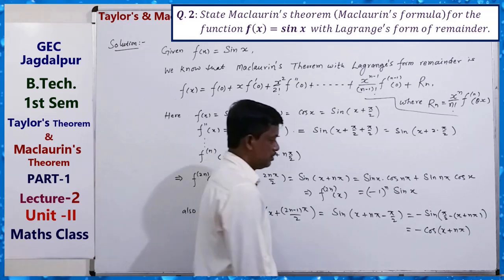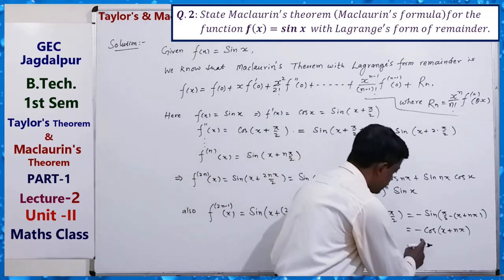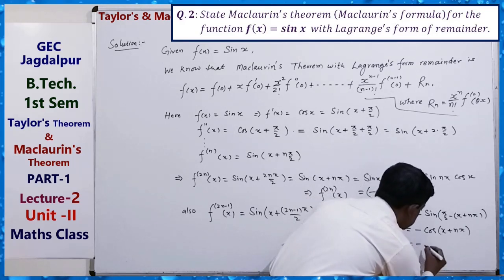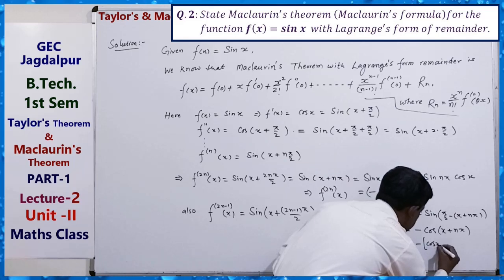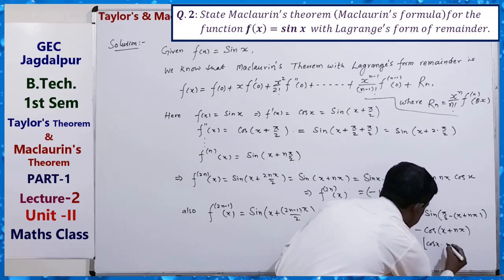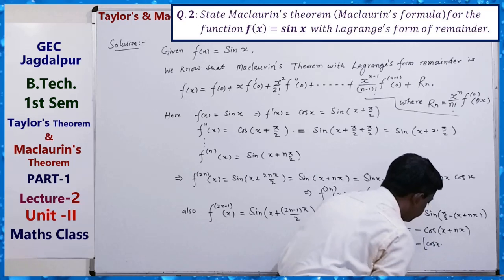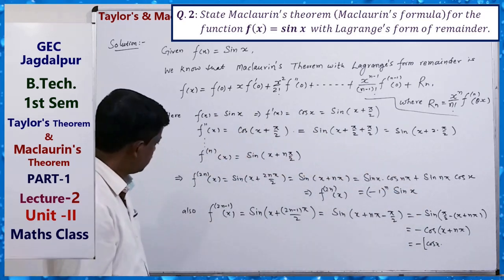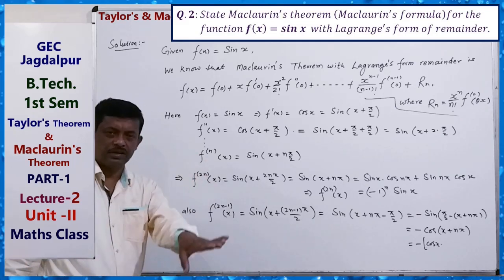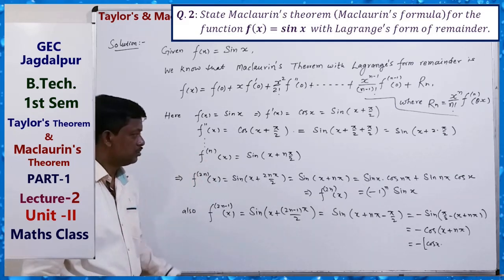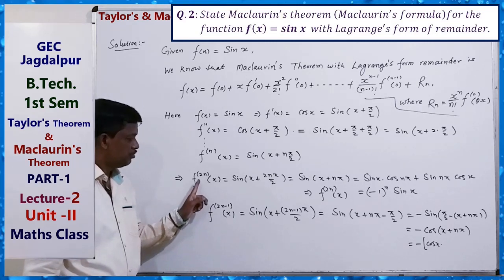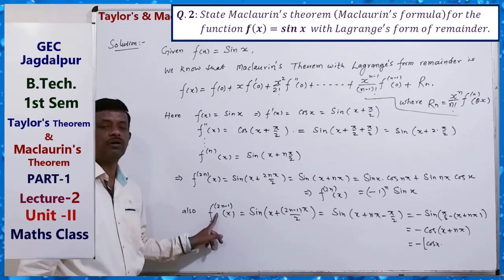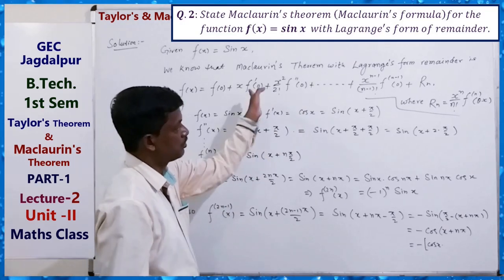It can be solved. How? Minus cos x into, just we can see here, because for the last derivative we have to write the odd order term before the first term.